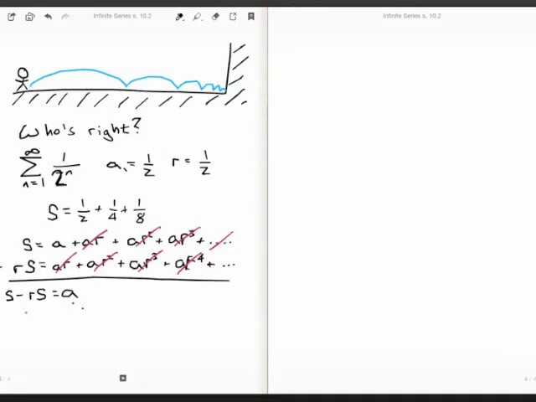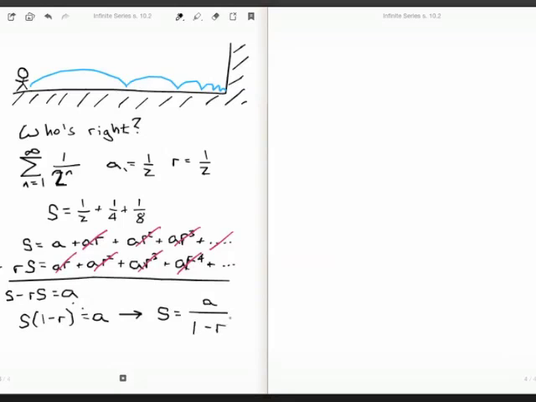Now if we do a little algebra, and I told you this is going to be about algebra, and I factor out an S, this becomes S times 1 minus R equals, all I'm left with over on this side is A. And that leads me to believe that S equals A over 1 minus R.